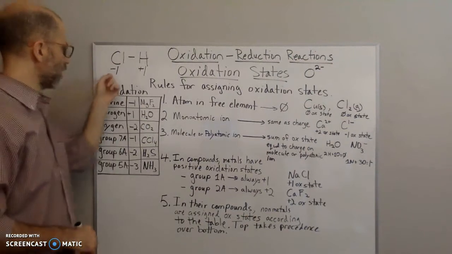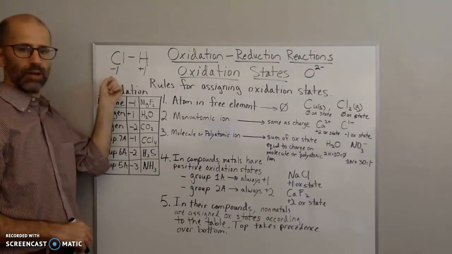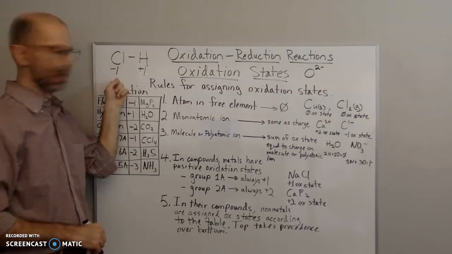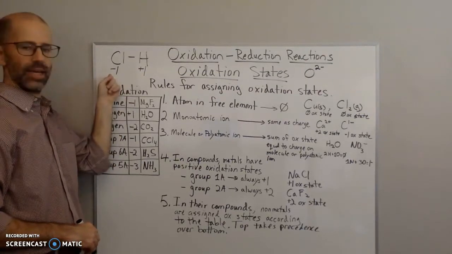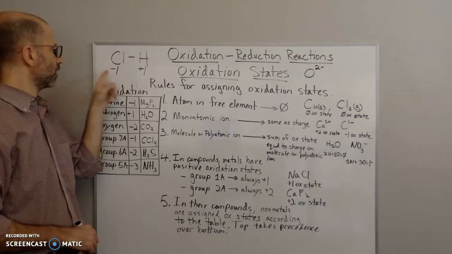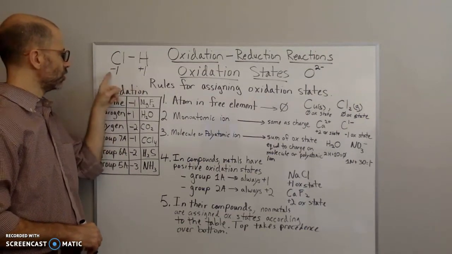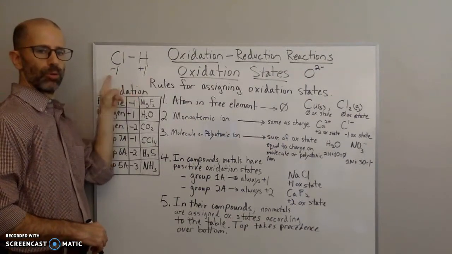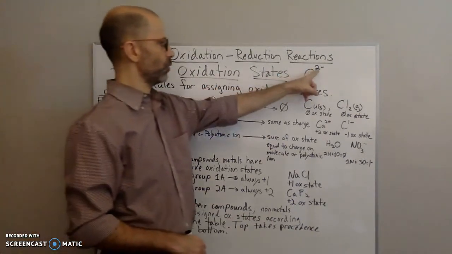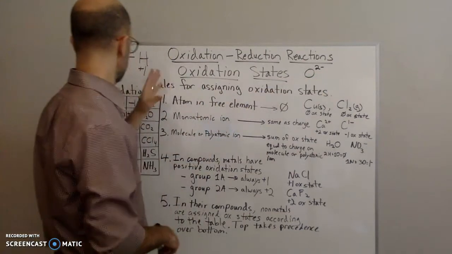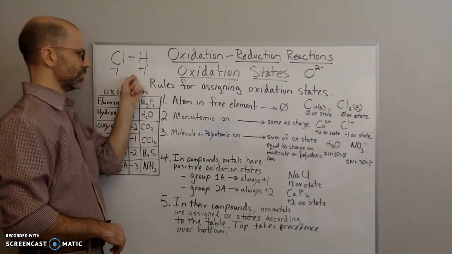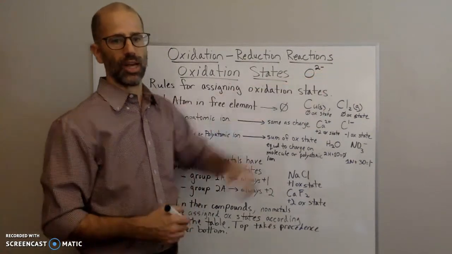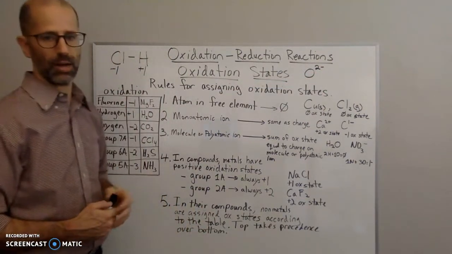When we're talking about the oxidation states or oxidation numbers of atoms in a compound, then the sign comes before the number. So this is the way we write oxidation states. This is the way that we write the charges on our ions. So I just want to point that out too.